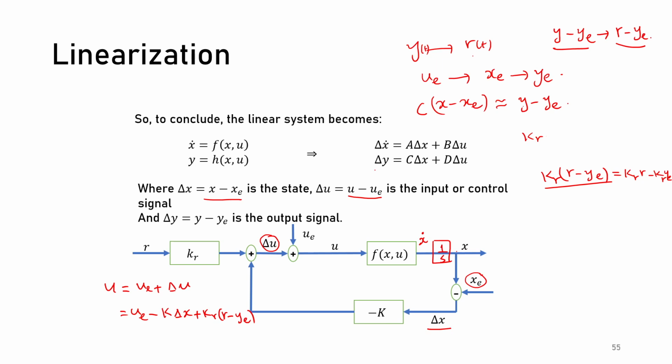So actually here, to build the control architecture correctly, you should use something like this. This one is not R, but it is plus minus, so here is y equilibrium, this is R. Okay, and how do you get the y equilibrium?